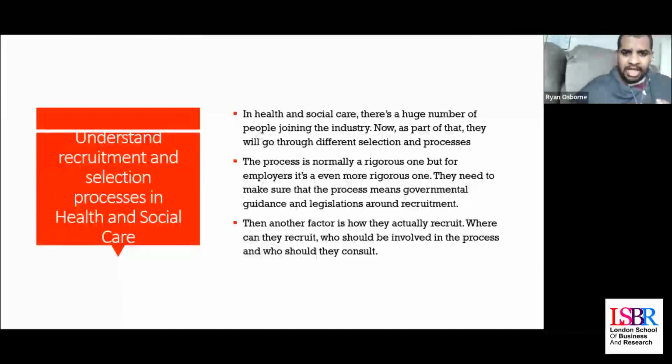And another factor is also about their recruiting. How do they actually recruit for that particular place? Where can they recruit?